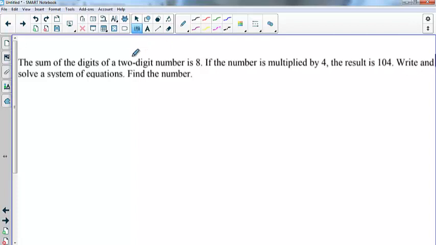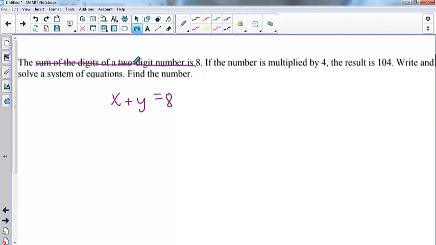A 2-digit number. Kathleen? X plus y equals 8. So that's the first equation. That's absolutely correct. So the sum of the 2 digits is 8. Now, the next equation is trickier.